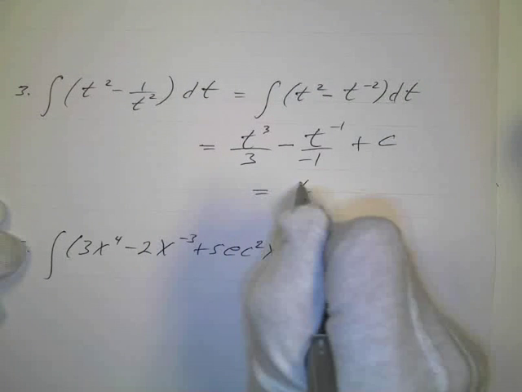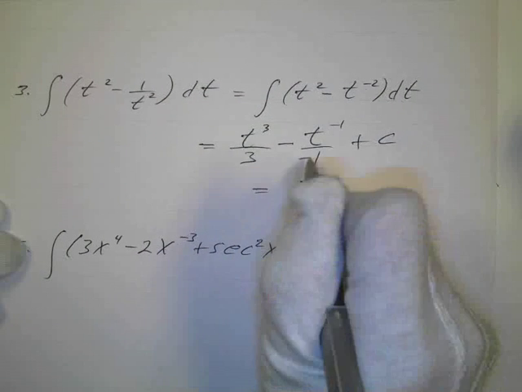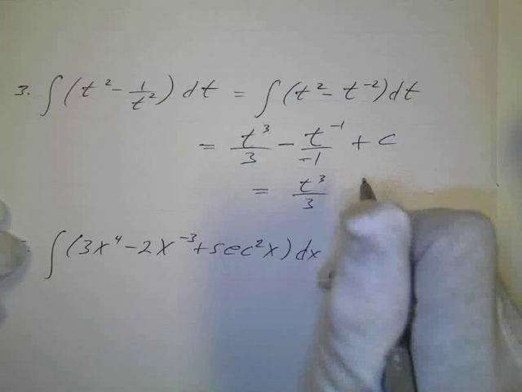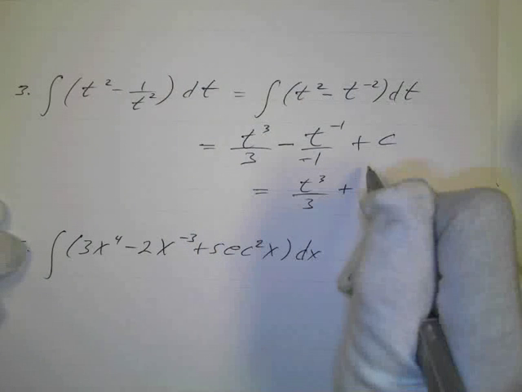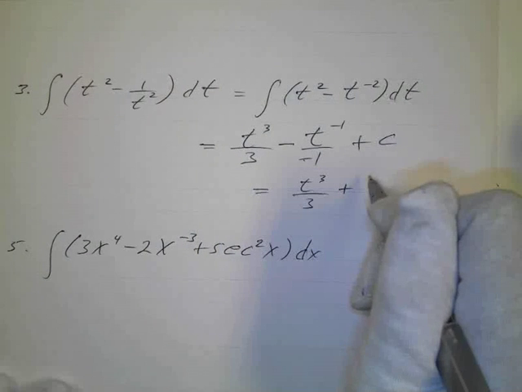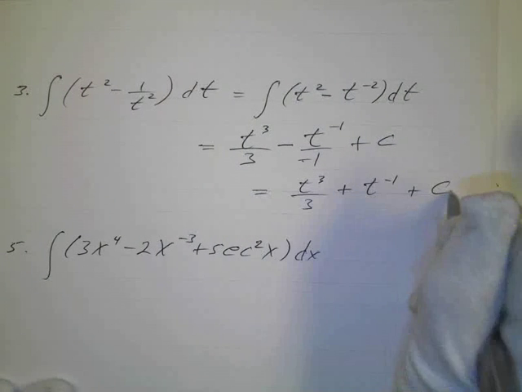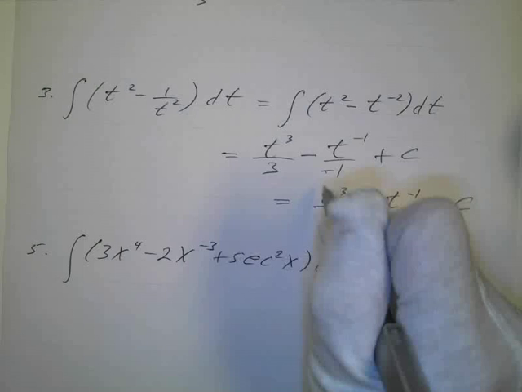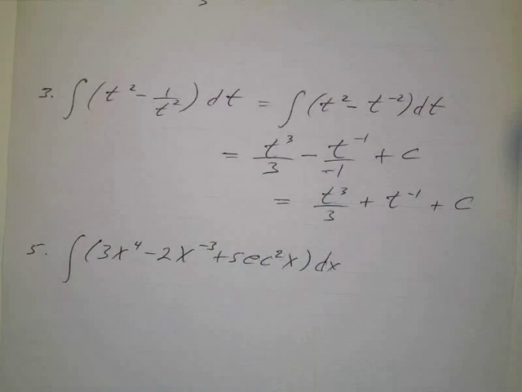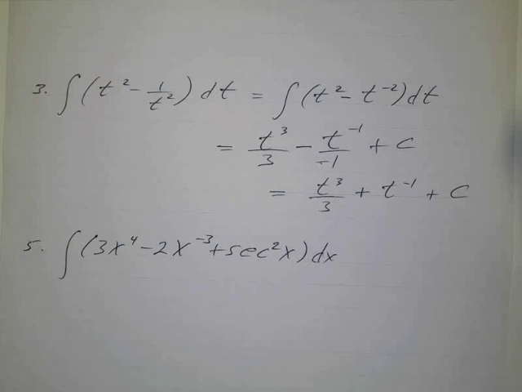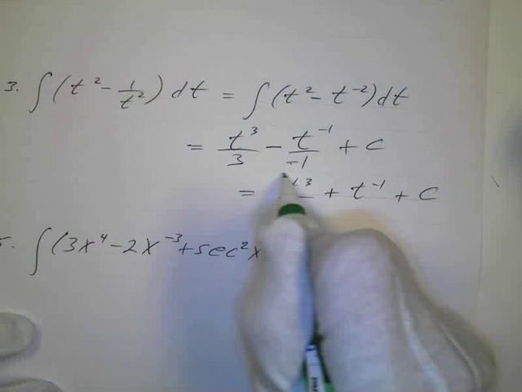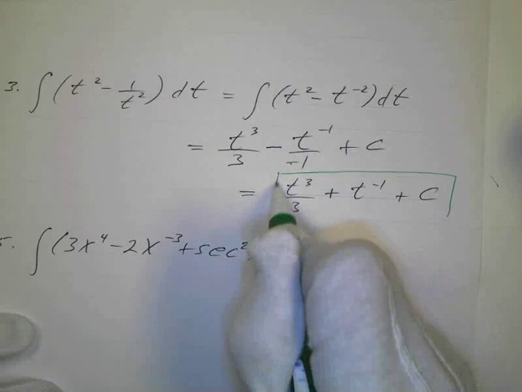That's just going to equal t to the third over 3, and a negative times a negative is positive, and that's going to be t to the negative 1, or 1 over t, whatever you'd like, and then plus c. So there's your answer there. Might be easier to box it, a little bit easier to see it there.